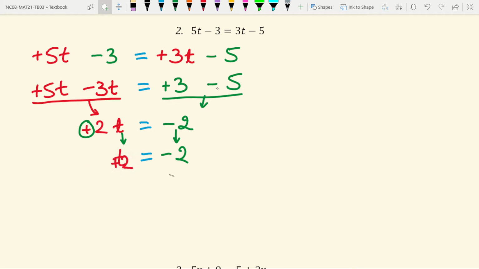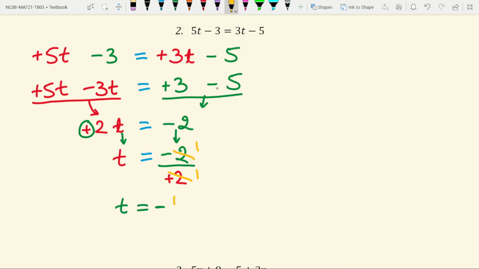So I will write it here, divided by plus 2. The remaining answer will be t is equal to minus divided by plus, which is minus. If the symbols are different, we have to write the minus symbol. And 2 divided by 2, we can cancel it out.